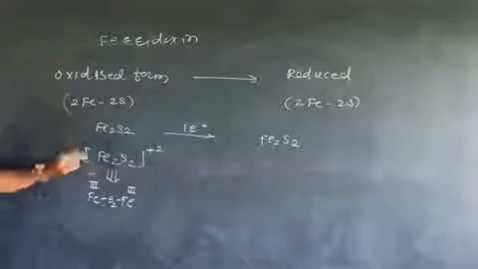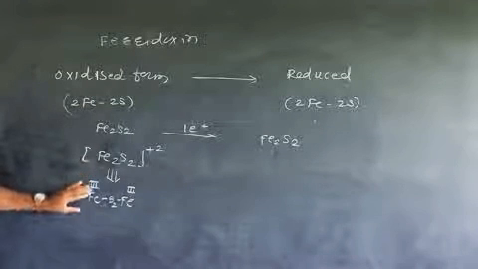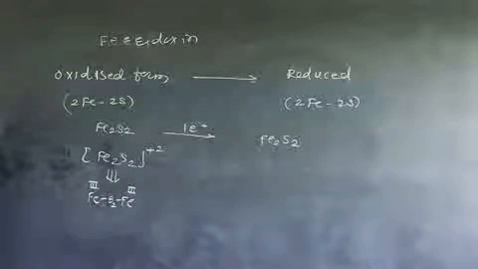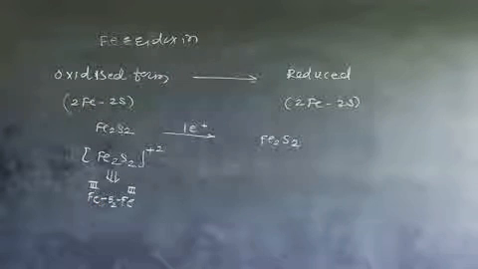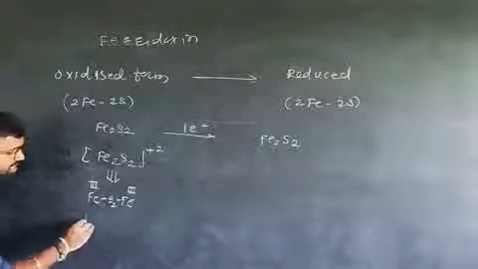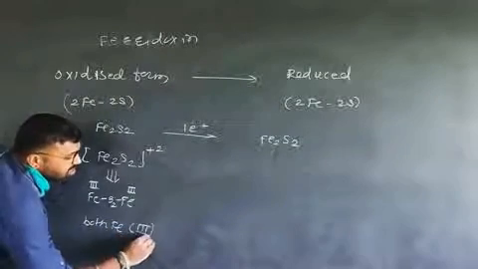That means in the oxidized form Fe2S2, these two Fe which are bridged by the sulfur are both present in the +3 oxidation state. So I write here both Fe in +3 oxidation state.